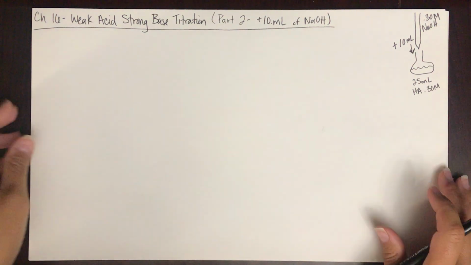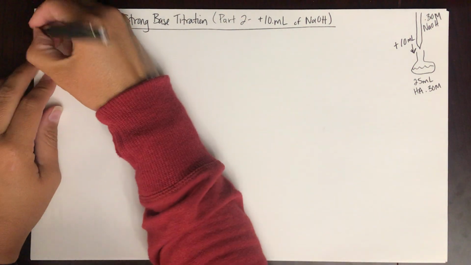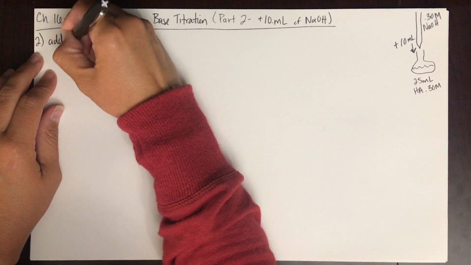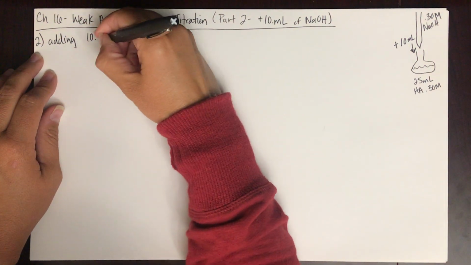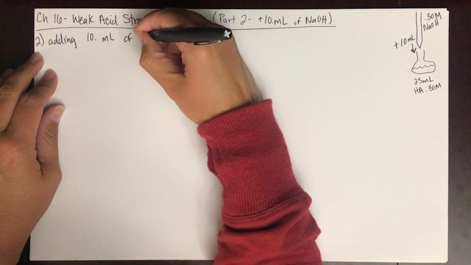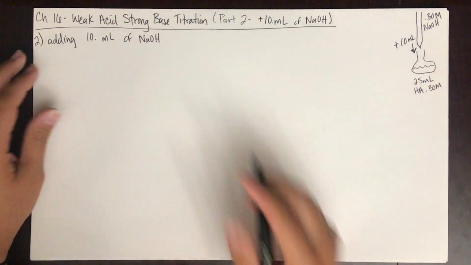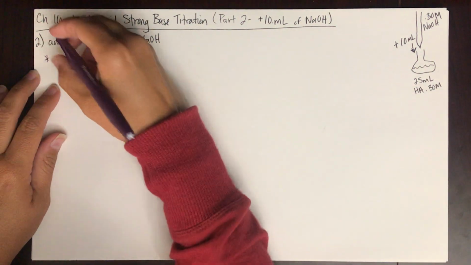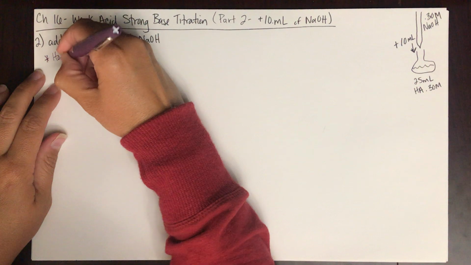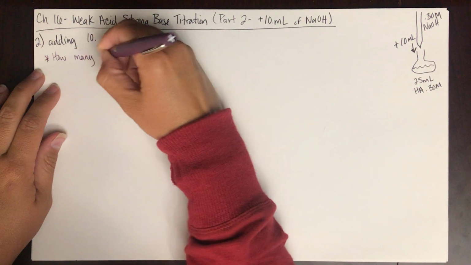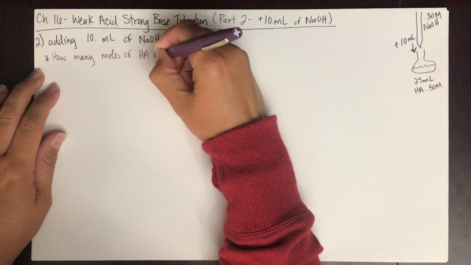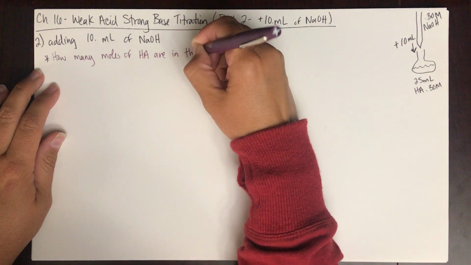So this is step 2. We are adding 10 milliliters of sodium hydroxide. So the first thing I want to do is determine how many moles of weak acid are in the flask.